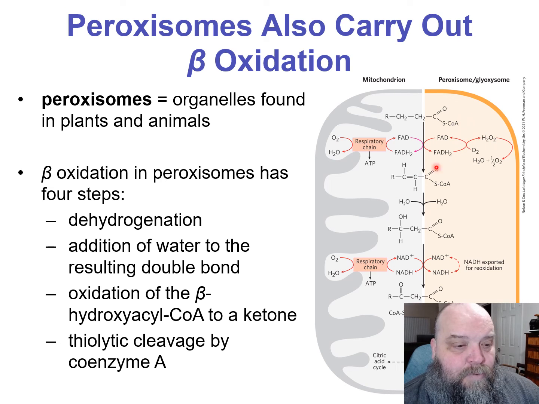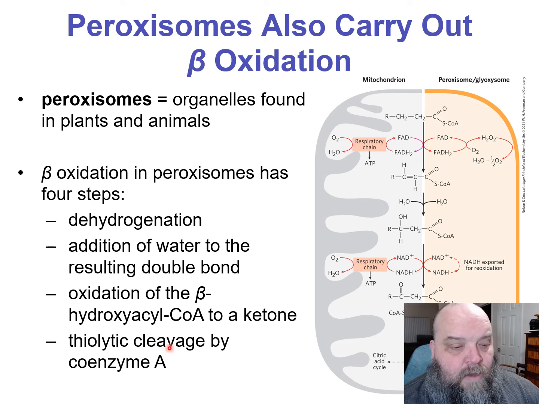Beta oxidation in the peroxisomes: dehydrogenation, pull off some excited electrons, pass those on to FAD. Addition of water to result in the hydroxyl. Oxidation to a ketone.